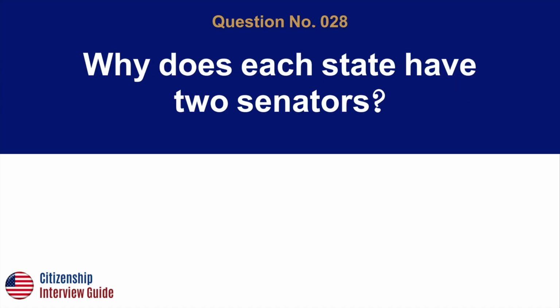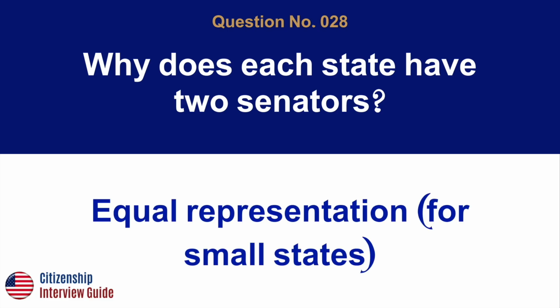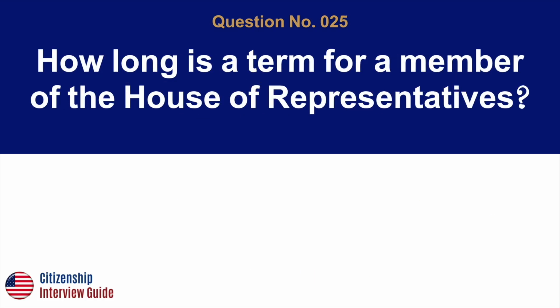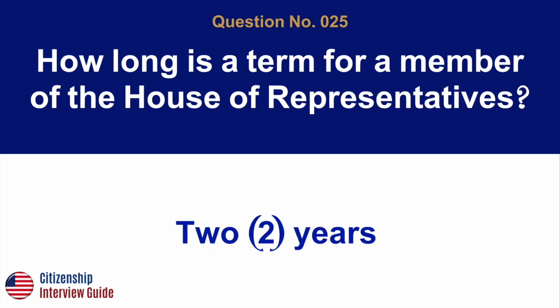Why does each state have 2 senators? Equal representation for small states. How long is a term for a member of the House of Representatives? 2 years.